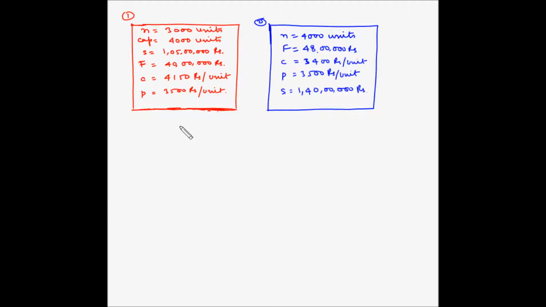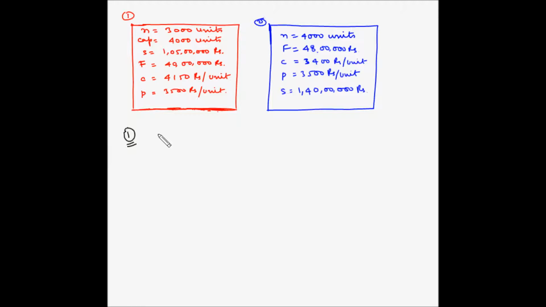So in order to find out which scenario is more economical, the easiest way is to find out which scenario gives more profit. So let's first take the current scenario, which is scenario number 1.